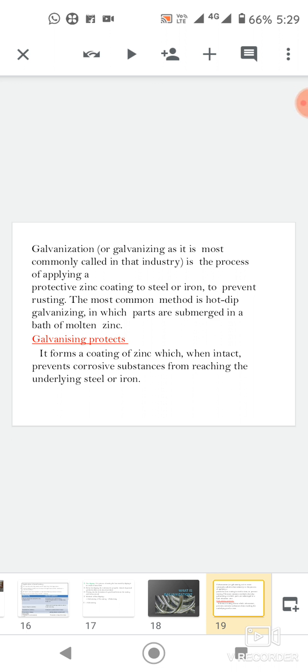For galvanizing, the work surface must be cleaned by pickling and fluxing. By immersing the material in a solution of zinc chloride, the flux prevents the oxidation of surface and assists the formation of good bond between the coating and base metal.